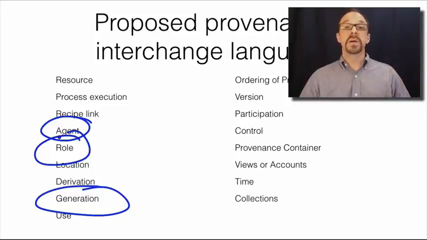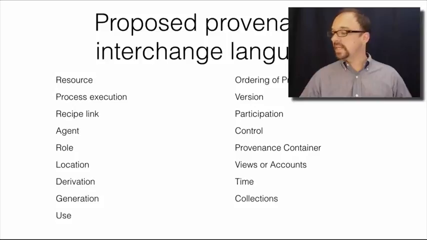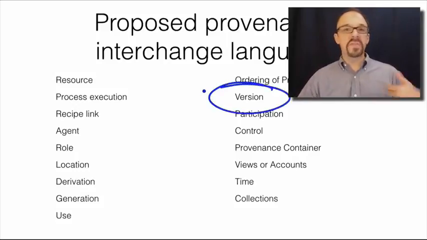and that I am an agent with the role of, say, system administrator providing access to the Louvre's metadata repository. Or let's say that we have some provenance metadata that says this particular metadata record is version number 42 of the metadata record that was edited by me.